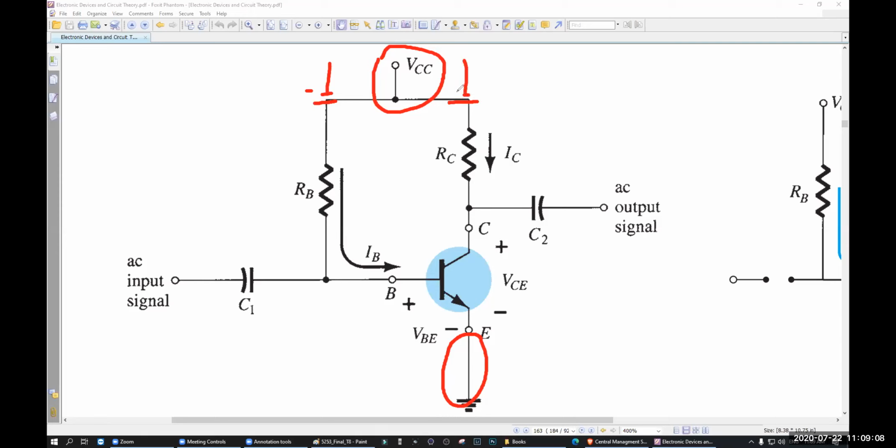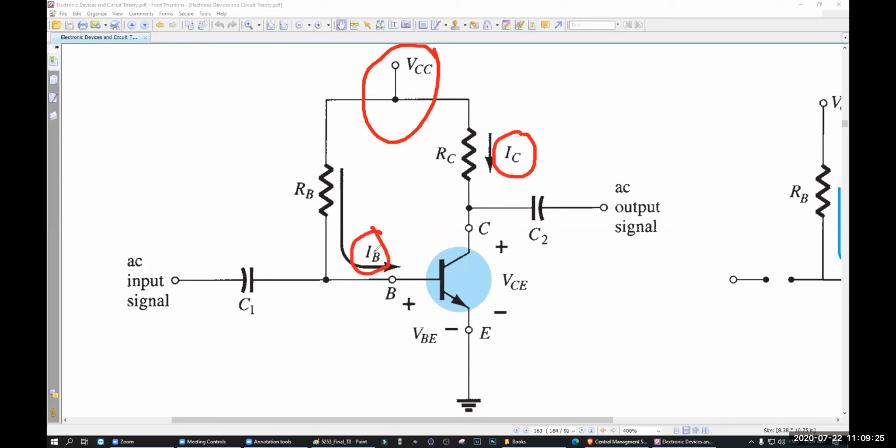But since we are habituated to using only one battery, that's why we are using only one battery. Remember, since we have only one battery, we have to control the current. We have to control IB and IC. I told you IB is much smaller than IC.